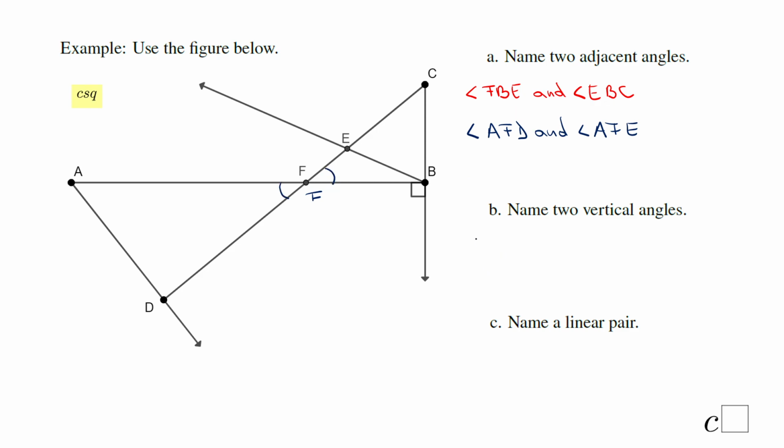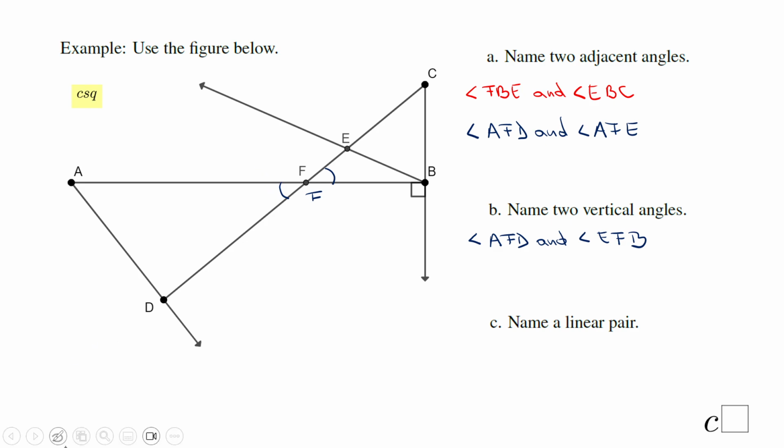So let me write that here: angle AFD and angle EFB. These two angles are congruent. They are vertical angles. They have the same measure.